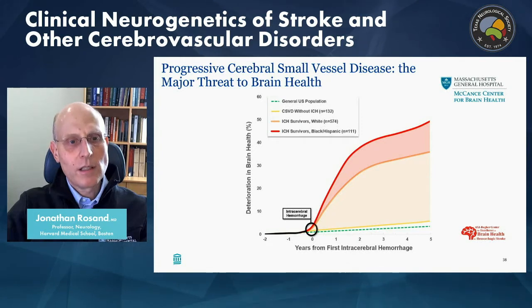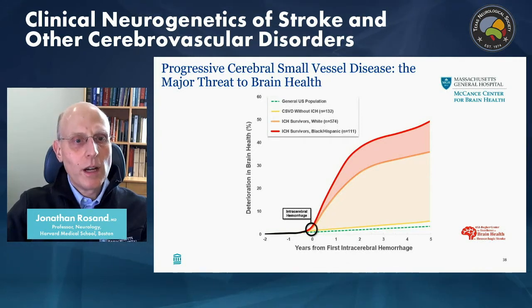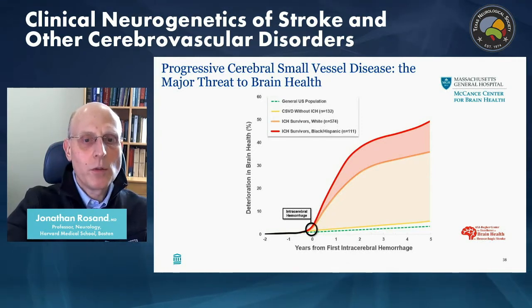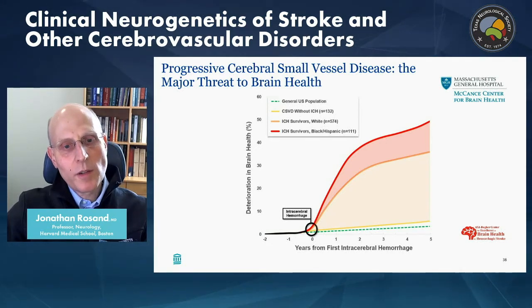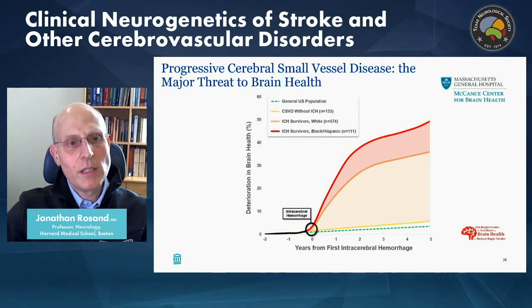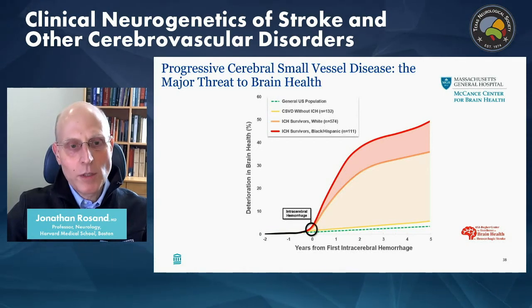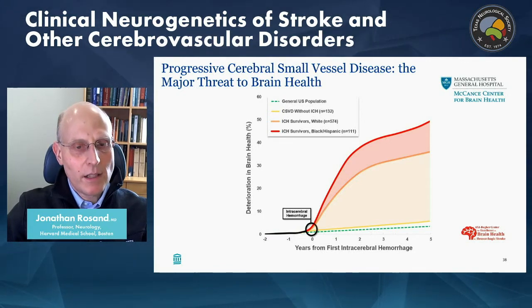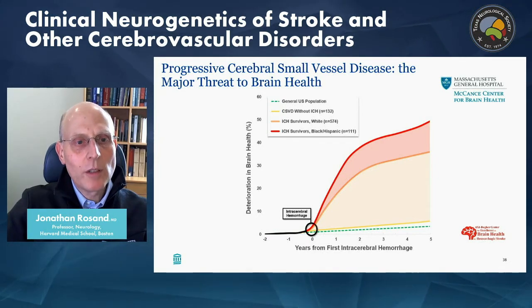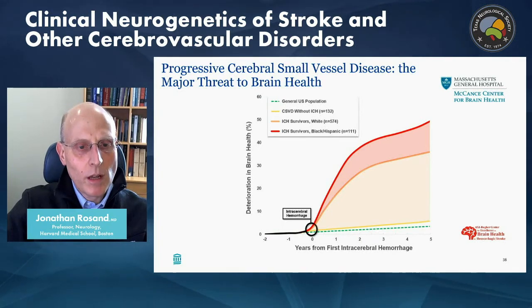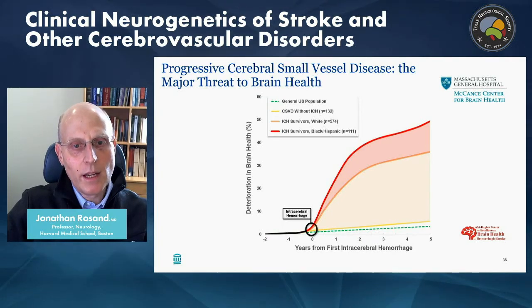That figure is slightly lower for ICH survivors who are white, maybe just under 40%. For comparison, individuals who have already developed white matter hyperintensity changes but have not had a hemorrhage have a substantially lower risk, but it is not the same as the general US population modeled here in the green dotted line.